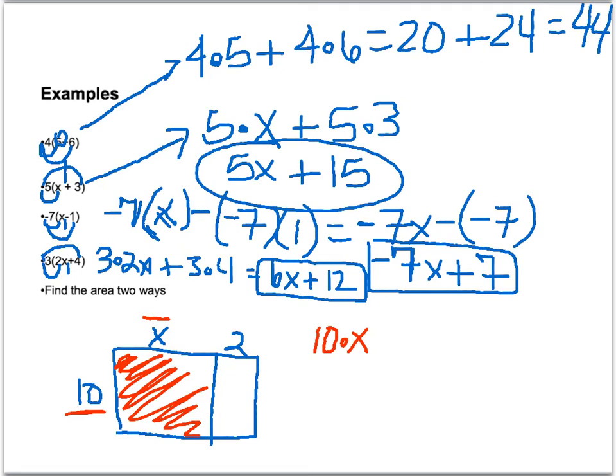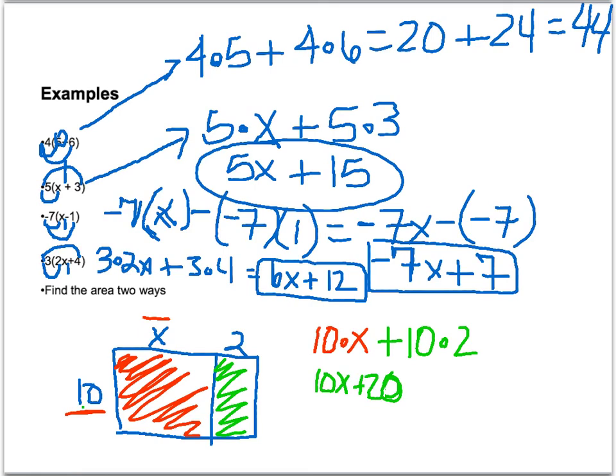And then, if I wanted to find the area of this little piece right here, I could do 10 times 2. So what this gives me is 10x plus 20.